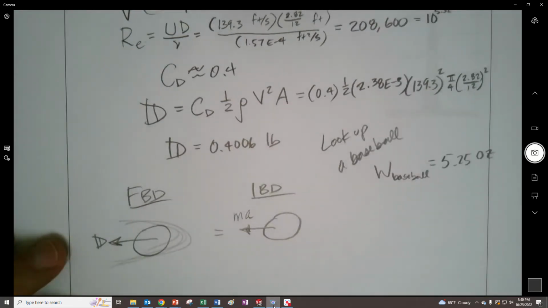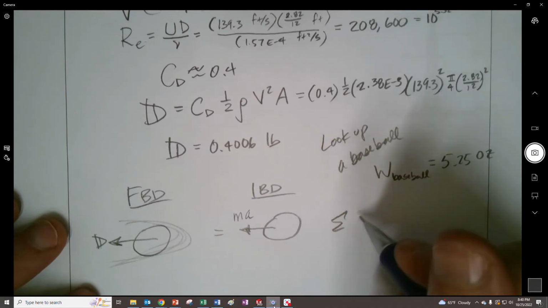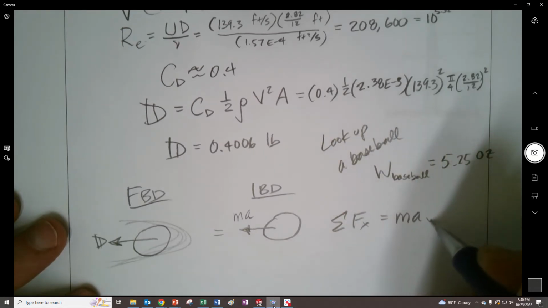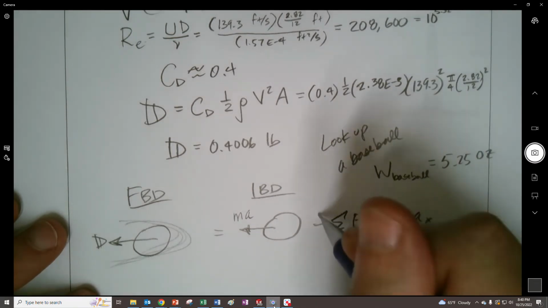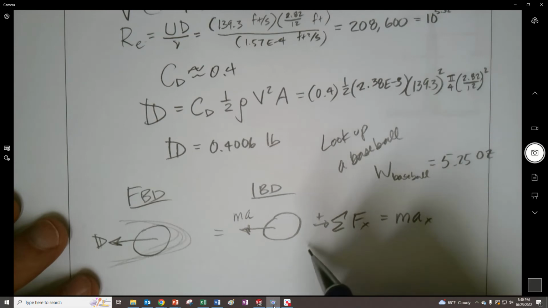And we can figure out how much that acceleration is going to be by taking the sum of the forces in the x direction equal to mass times acceleration in the x direction. We'll treat that direction as positive, even though both of these are going to be negative. So we have a negative 0.4006, excuse me.